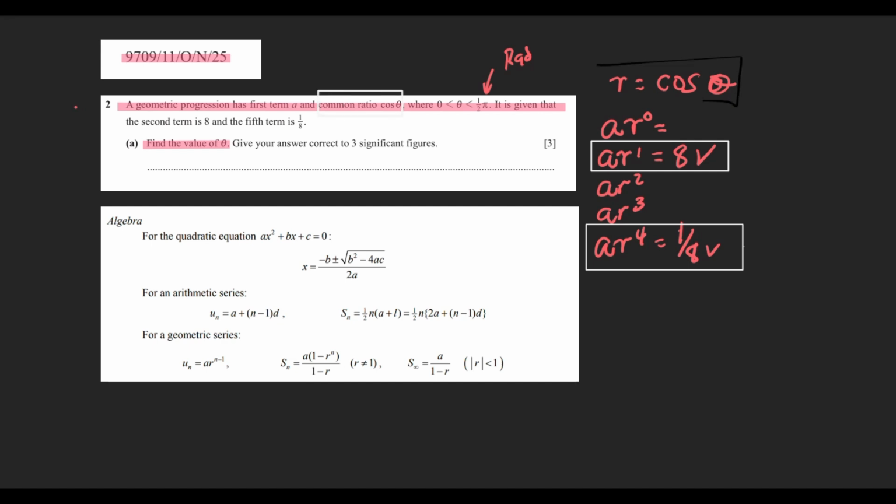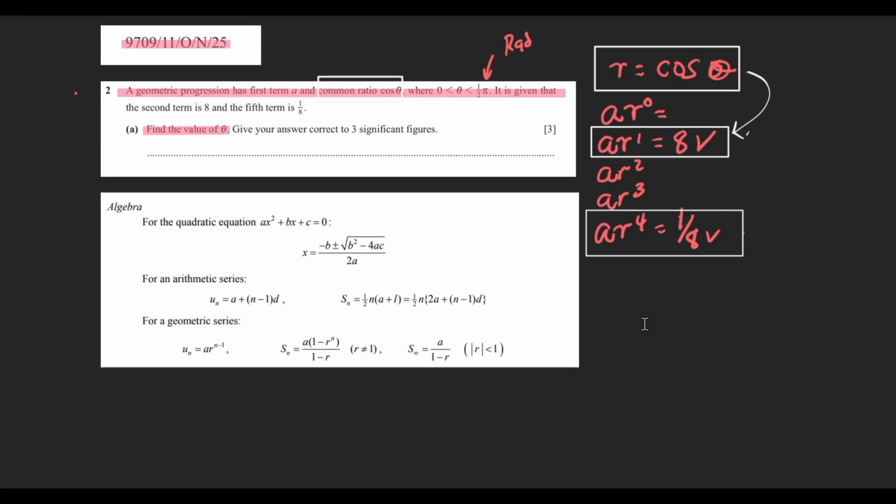So we can substitute and create an equation. Let me call this equation 1 and this equation 2, so you know exactly what I'm talking about.